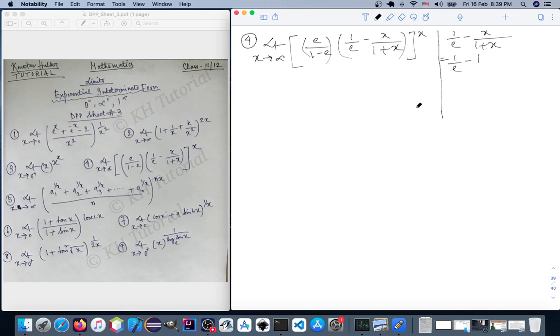as 1 by e minus 1 plus, 1 plus x minus 1 divided by 1 plus x.